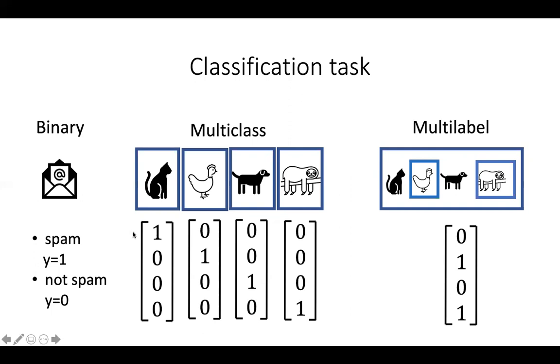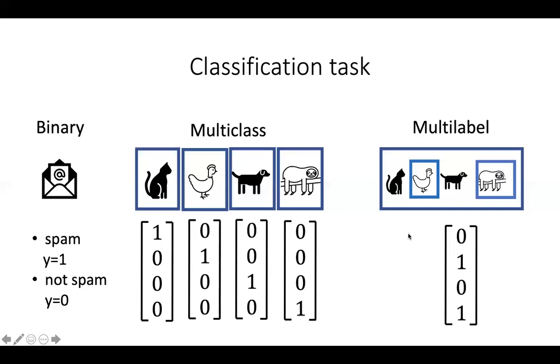Usually, the label is in one-hot encoding. For example, if you have 4 classes, your label is an array with 4 entries, and the positive class is set to 1, and negative classes are set to 0. So if we have a cat, for example, the first element is going to be 1, the rest 0, and similarly for the others.